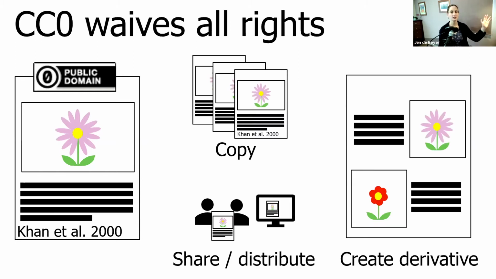You can copy it, you can share it, you can use it in something else you're making, you can even sell any of those things. Fine. You don't have to ask me for permission. And in fact, you don't even have to say I made the original thing. That's what CC0 means.